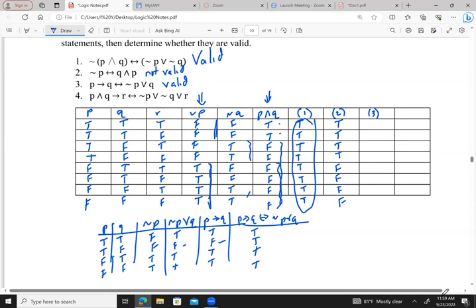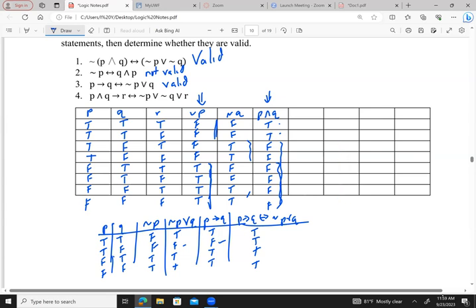Now let's see. I'm going to do this again, because that's what the problem is. I've been doing P and Q and including R, and I didn't need to.